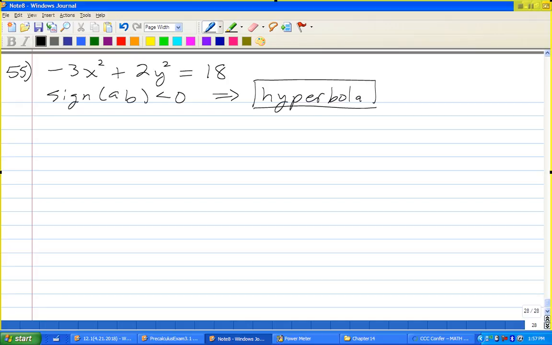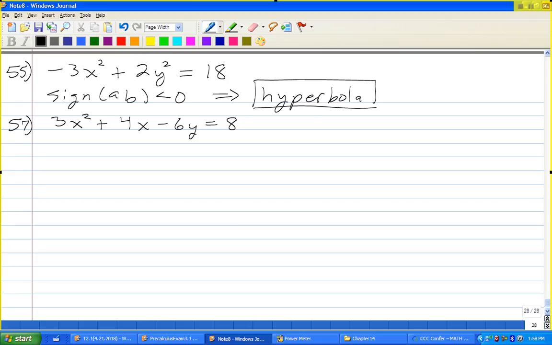To 57. Three x squared plus 4x minus 6y equals 8. So in this case, the number in front of the y squared term is 0.